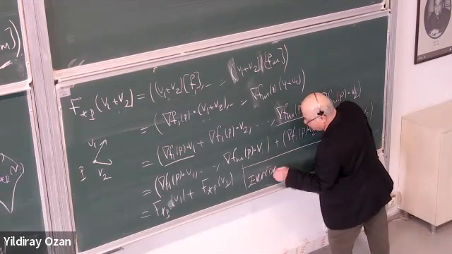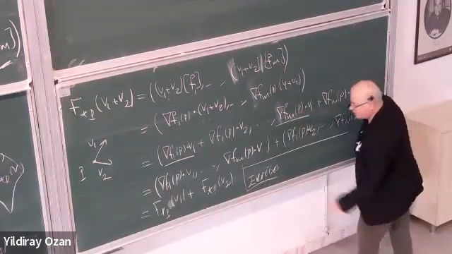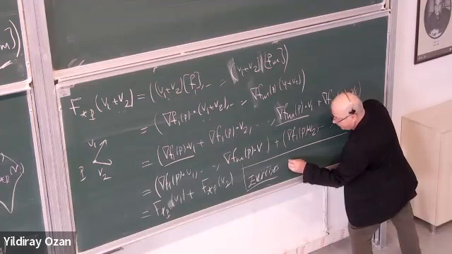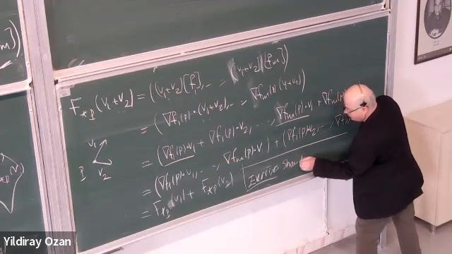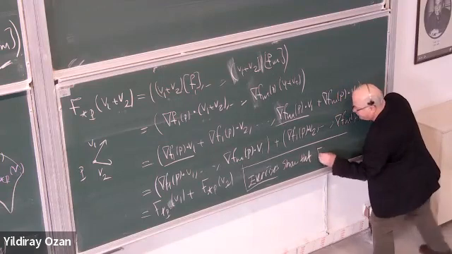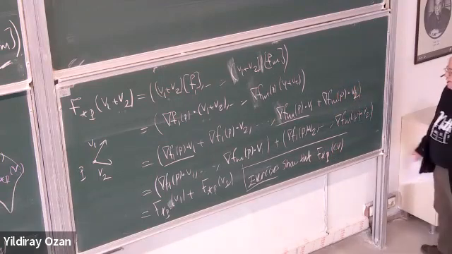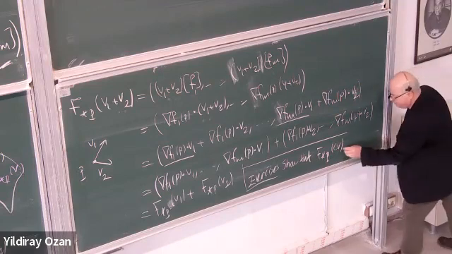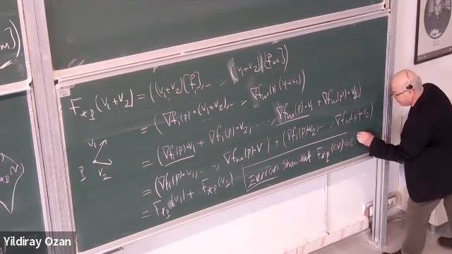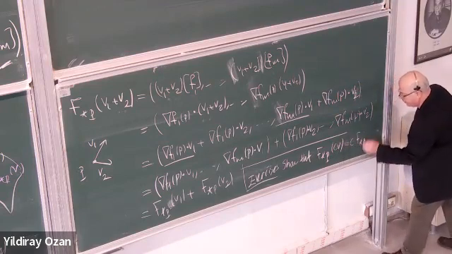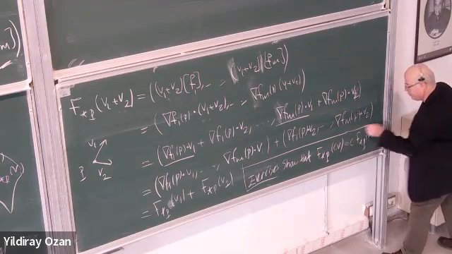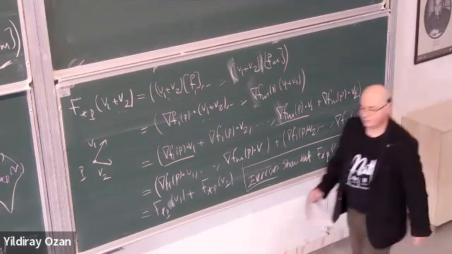So show this, show that F star at the point P of C times V, a constant times the vector V, is just C times F star at P of V. Okay.